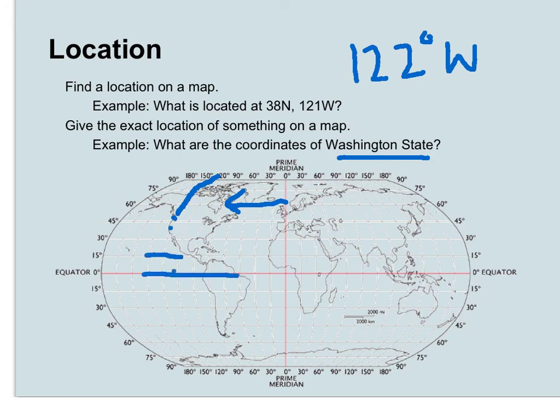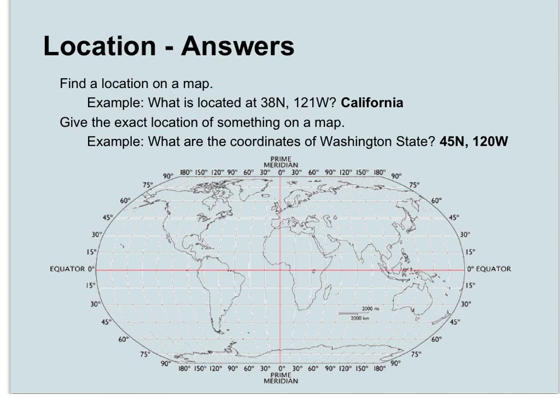Well, it's not 15 degrees, it's not 30 degrees, it's not 45, it's even higher than that. Probably right up in there at about 50 degrees north of the equator. So let's see if we got these right. 45 north, 120 west. So that's about what we got, pretty close to the same. And of course we put California.